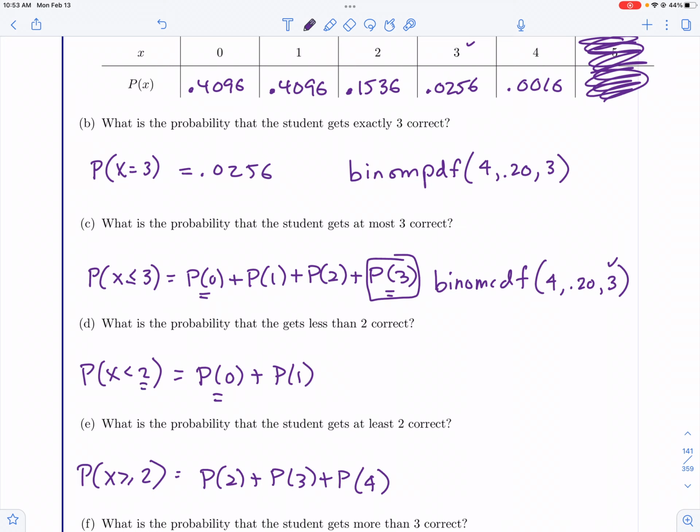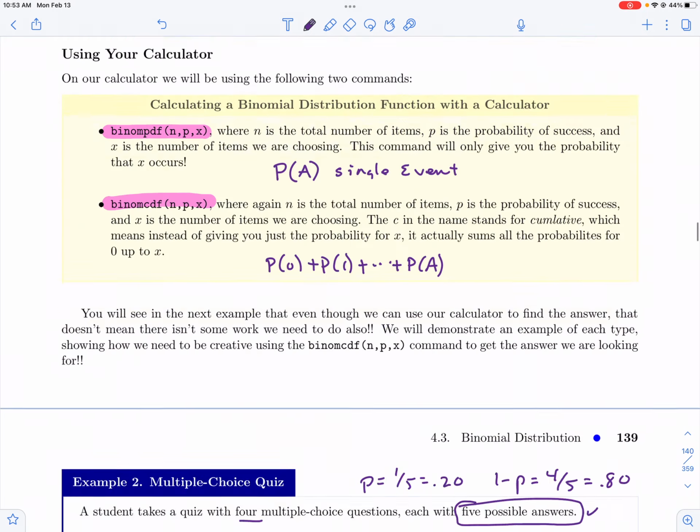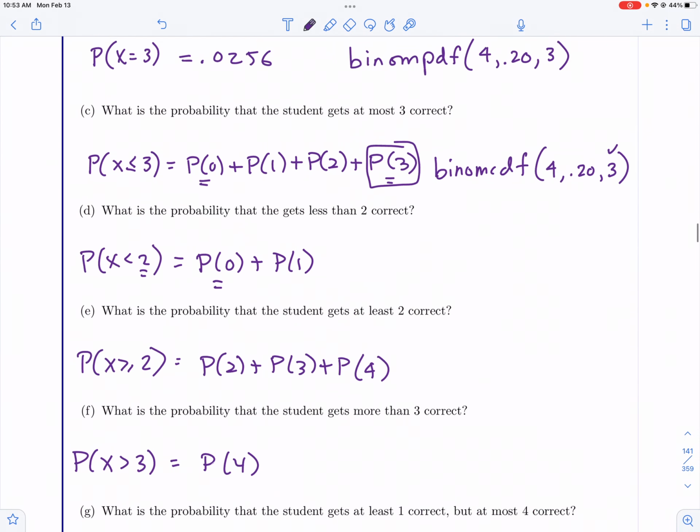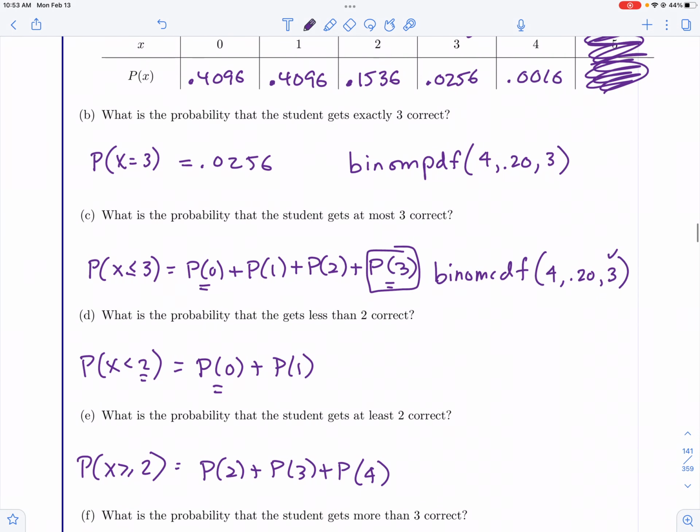So even though our number over here is less than 2, if we put 2 inside the parentheses, it's going to count the 2. So what we want to do is make sure we stop before we get to that 2. So we're going to get our binom CDF 4, 0.20, but in this case, we want our upper value to be that 1 here. All right, perfect.